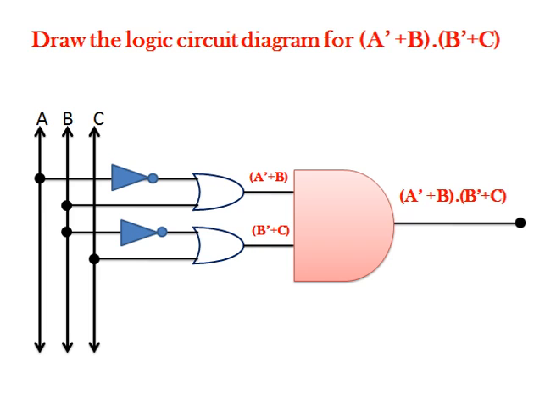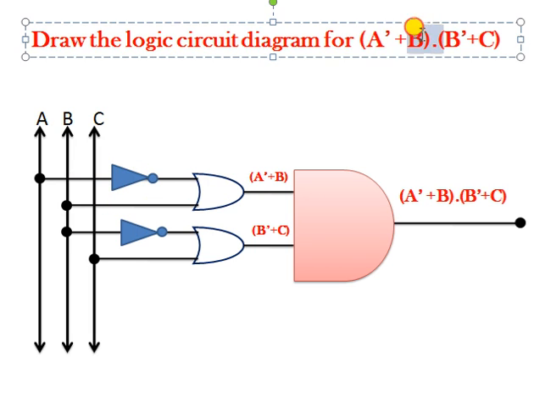Let us take another example: a bar plus b, whole, into b bar plus c. Because there are three inputs, we have taken three inputs a, b and c. First a bar: a goes through a NOT gate, then it is a bar, and a bar plus b.